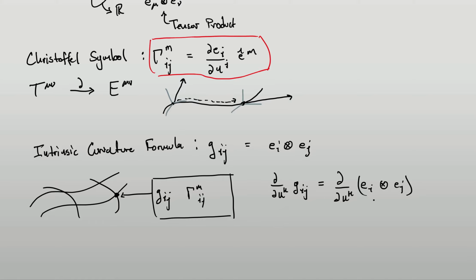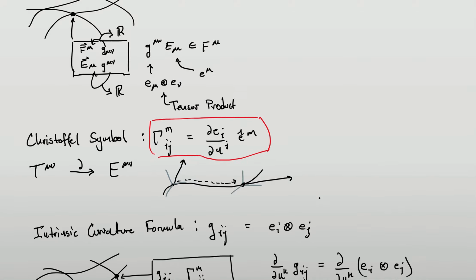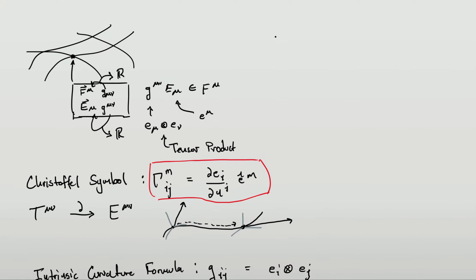And now I want to consider what something like this might look like: ∂g_ij/∂u^k, which we just calculated, plus ∂g_ki/∂u^j, minus ∂g_jk/∂u^i.